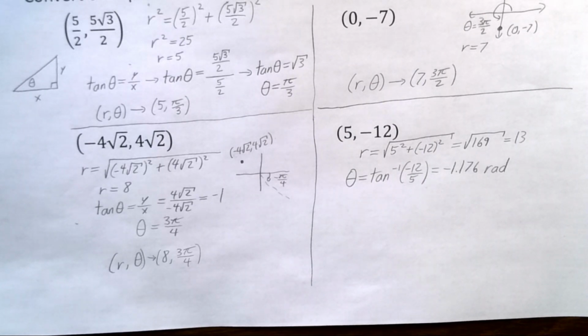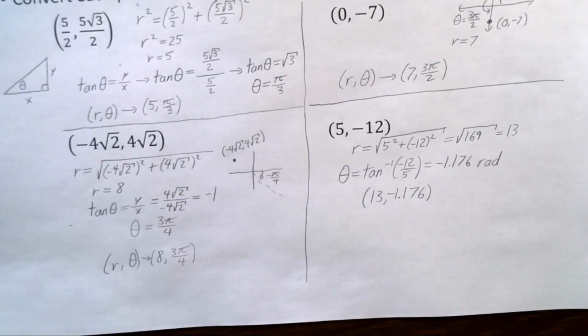So this then gives the coordinates of our point in polar coordinates as 13, negative 1.176. So that is sufficient for converting points from Cartesian to polar coordinates. Now let's talk about the polar axis, plotting points, as well as converting from polar coordinates into Cartesian coordinates. So the reverse of this process.